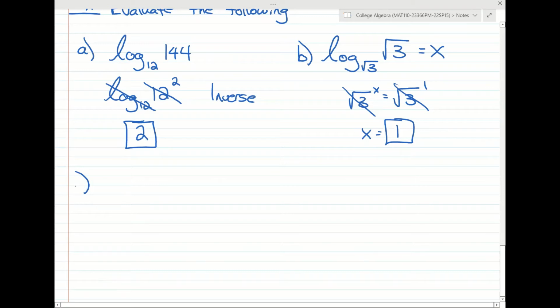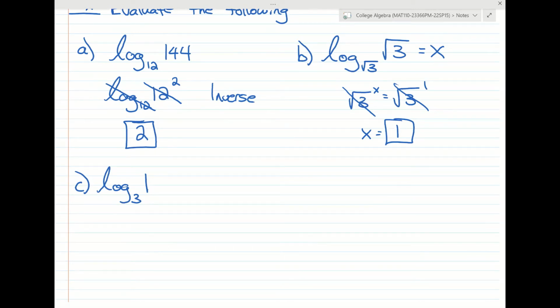Speaking of that, what about if we had log base 3 of 1? Some of these are a little tricky. If you're not sure how to do it, just make it equal to x.